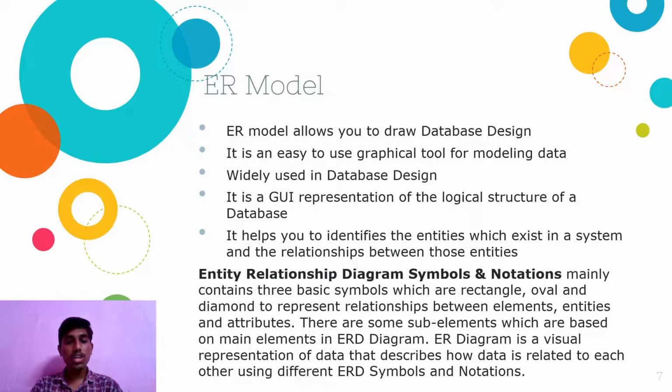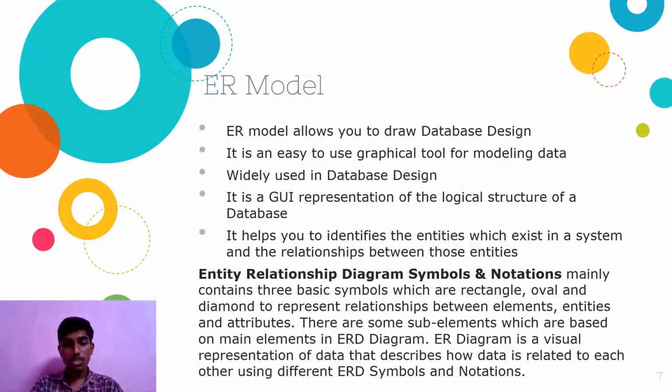Entity relationship diagram symbols and notations mainly contain three basic symbols, which are rectangle, oval, and diamond, to represent relationships between elements, entities, and attributes. There are some sub elements which are based on main elements in ER diagrams.